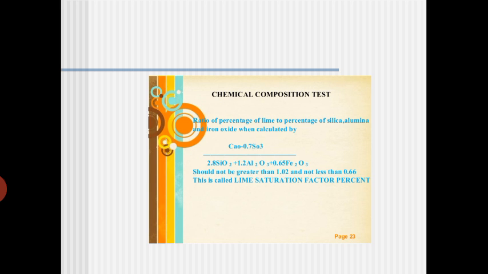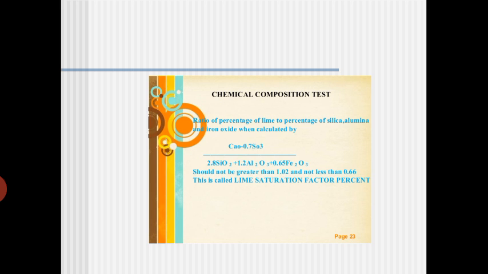And we have one more instrument, EDX, capital E, capital D, capital X, energy dispersive spectroscopy. With the help of that only, we are finding out the chemical composition. That is the instrumental method that is accurate.